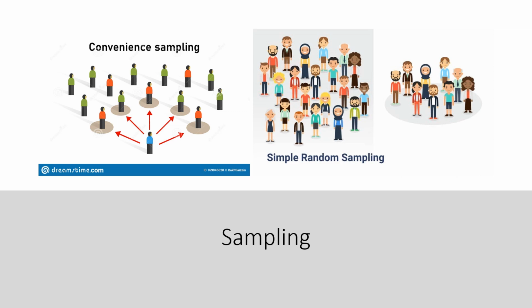From whom will we collect the data, or who will we be sampling from? Ideally, we would try to use simple random sampling, where everyone gets a number and then everyone has an equal chance to be picked for our research. But based on our participants, not everyone's going to be willing to participate.